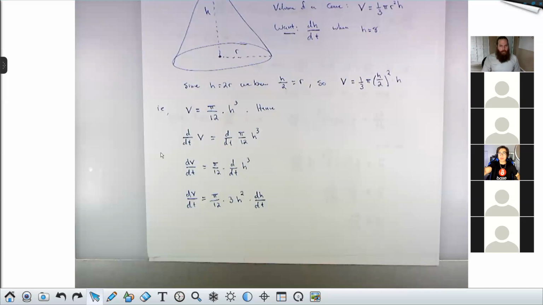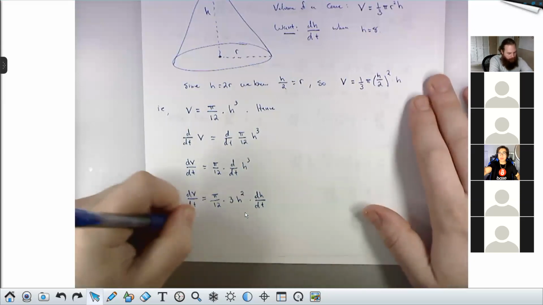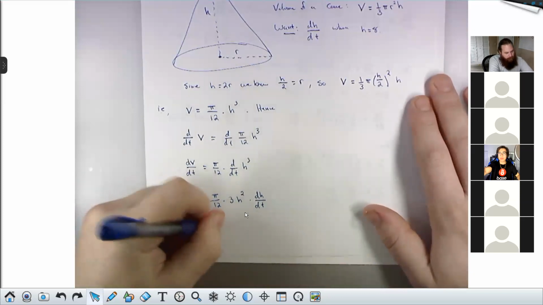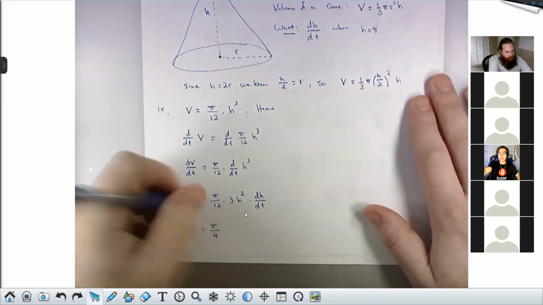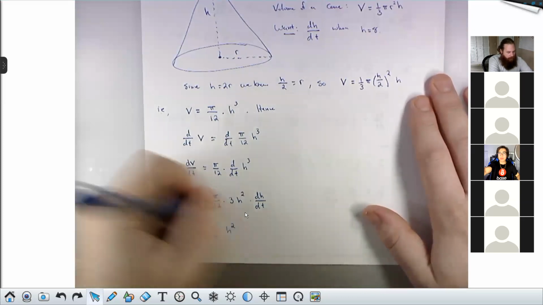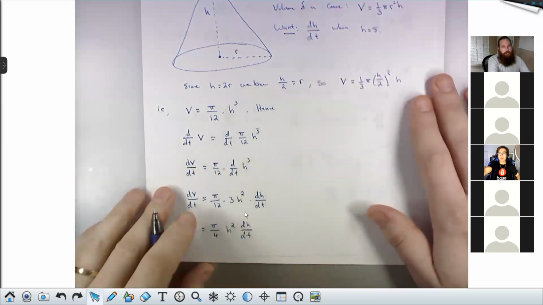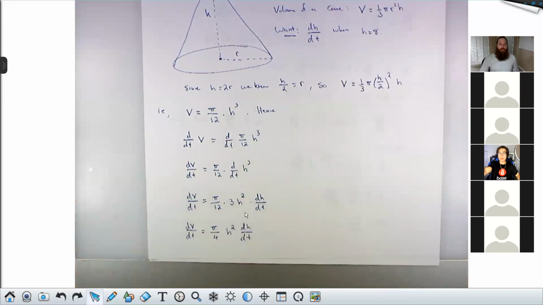And now the 3 and the pi over 12, these guys will talk to each other a little bit. This will become pi over 4. So my final relationship here is dV/dt equals pi over 4 h squared dh/dt. And once I arrive at this point, I want to stop and ask, okay, what am I hoping to do?